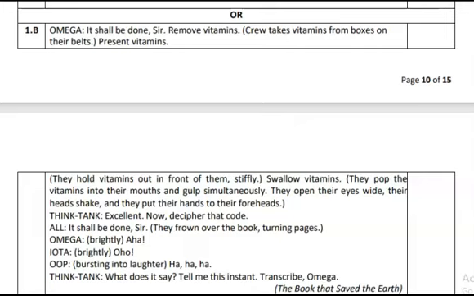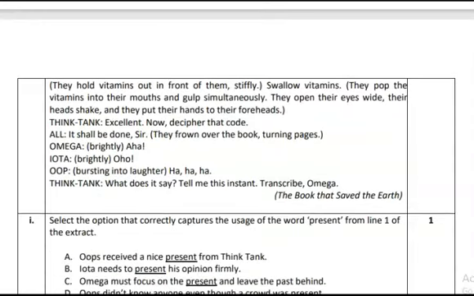Think tank says, excellent. Now decipher that quote. All, it shall be done, sir. So they frown over the book, turning pages. And then omega, aha, iota, oho, and oop, ha ha ha. Think tank. What does it say? Tell me this instant. Transcribe omega.